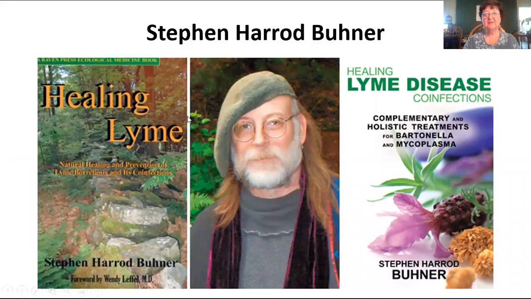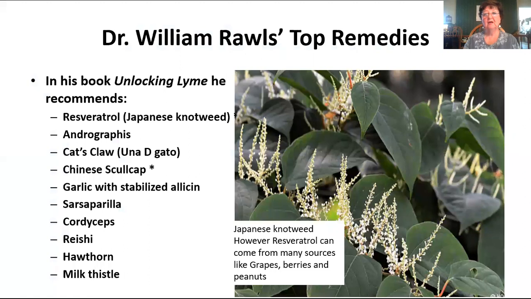And Stephen Buhner wrote the book Healing Lyme Disease and Co-Infections. Very interesting. It's been around for quite a while. If you're interested in furthering your education on Lyme, you might want to go into his book. There's also Dr. William Rawls, who has recommended some remedies.